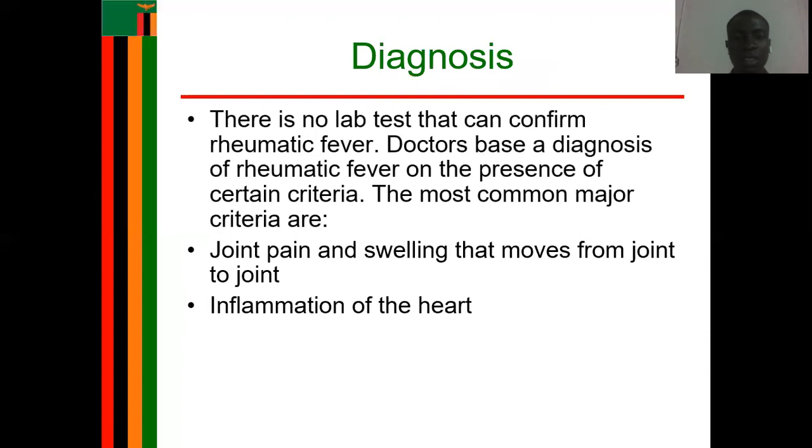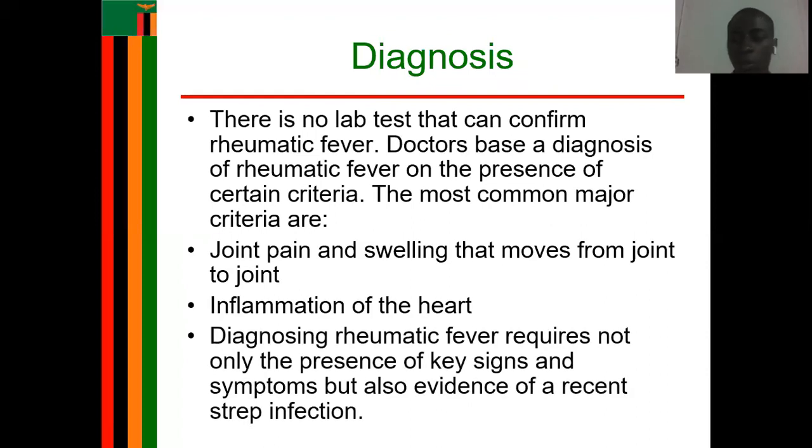Diagnosis: there is no lab test that can confirm rheumatic fever. Doctors base a diagnosis of rheumatic fever on the presence of certain criteria. The most common major criteria are joint pains, swelling that moves from joint to joint, and inflammation of the heart.